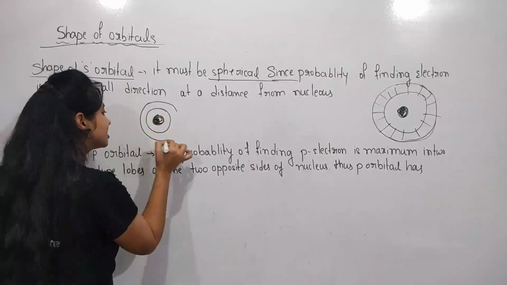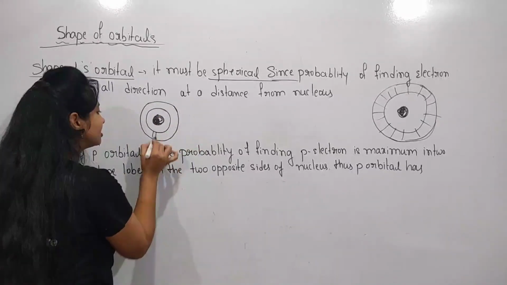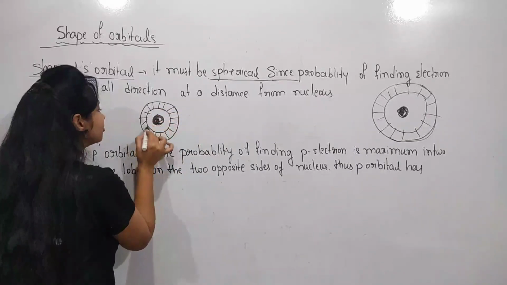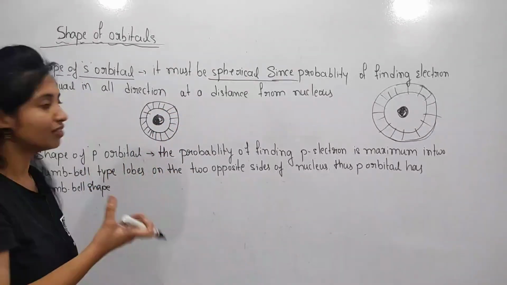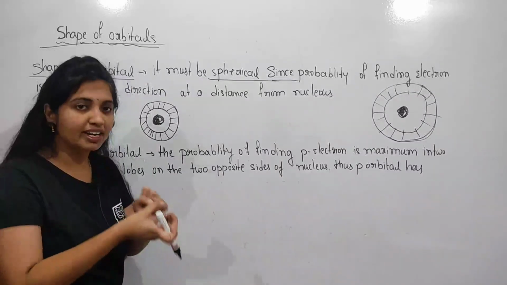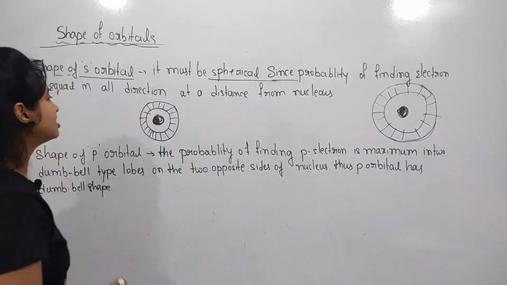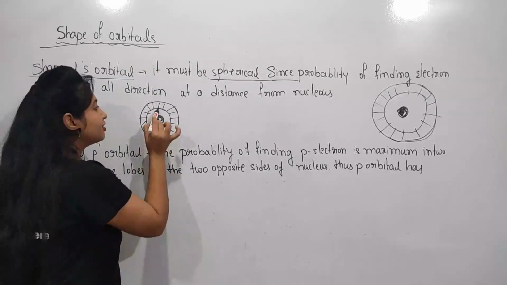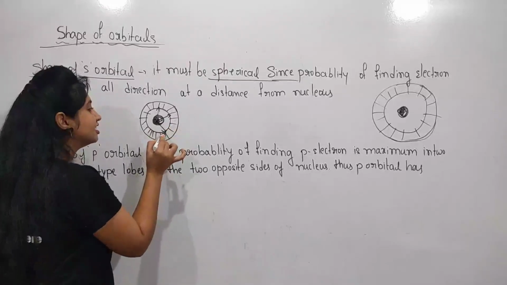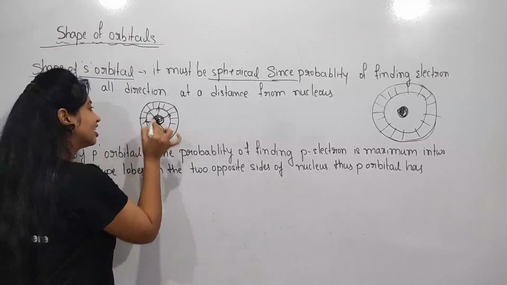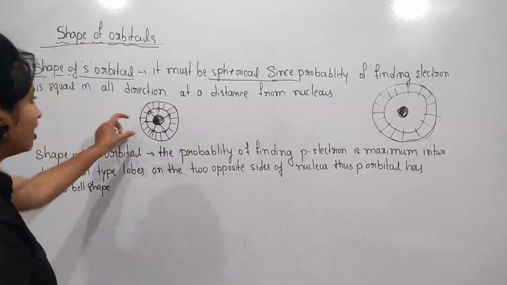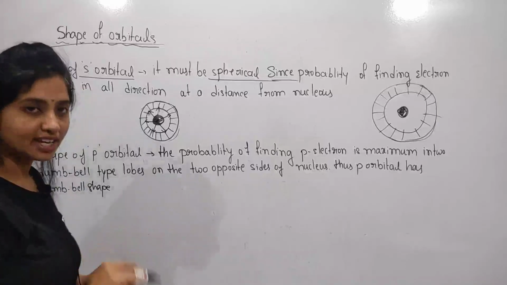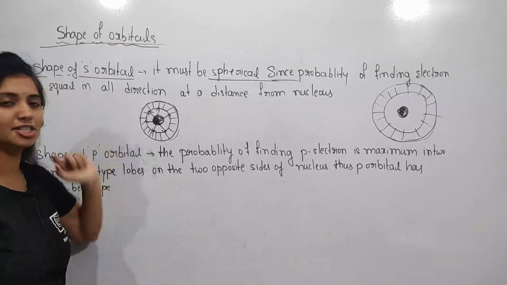At a certain point of space we have some density of an electron, meaning the probability of an electron. The probability of an electron in an s orbital is equal in all directions, equal from this nucleus, which means the s orbital is spherical.